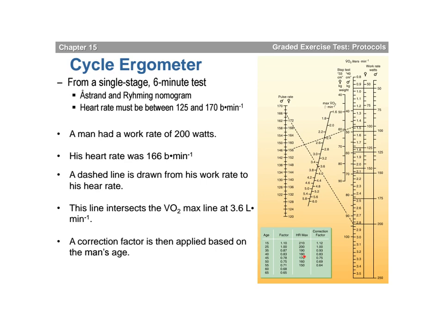So for whatever value you found for VO2 max, like say this 3.6, you would then multiply it by 0.83, and that would correct for the person having a slightly lower maximal heart rate.